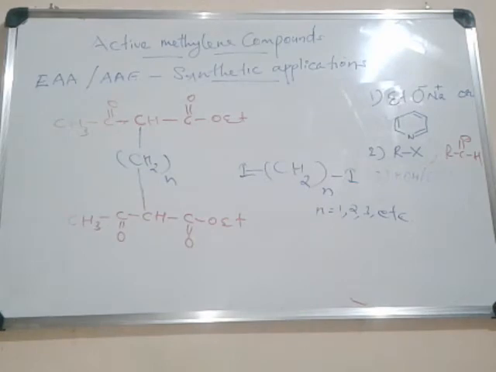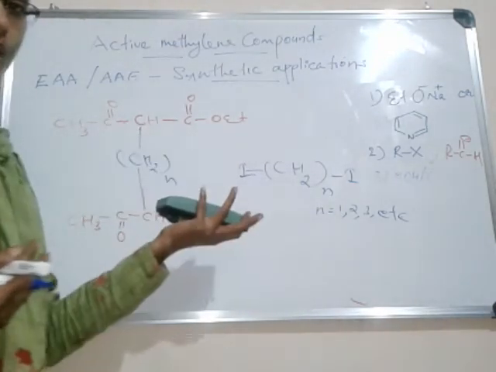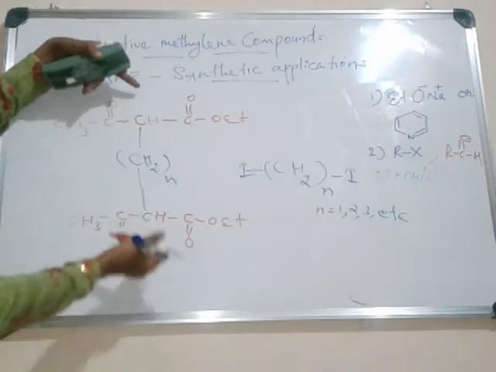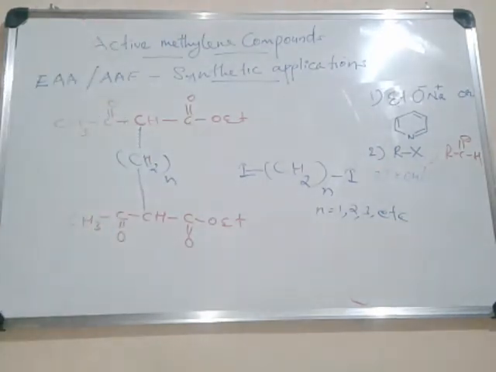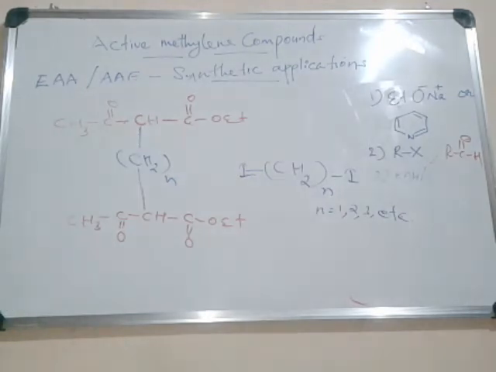So by choosing the correct diiodoalkane, we can introduce a large number of CH2 or alkyl linkages between the two molecules of ethyl acetoacetate.